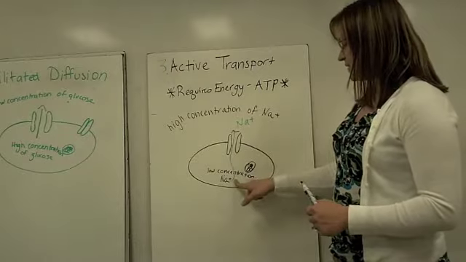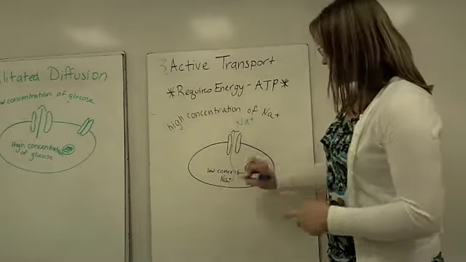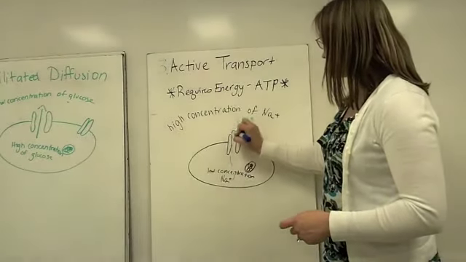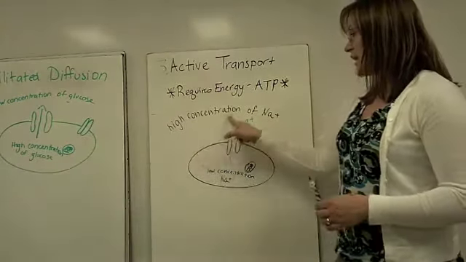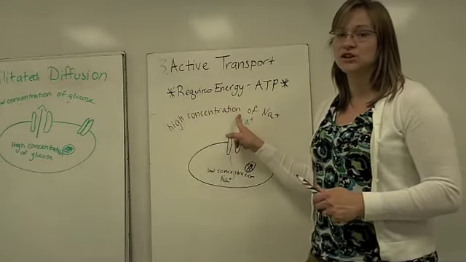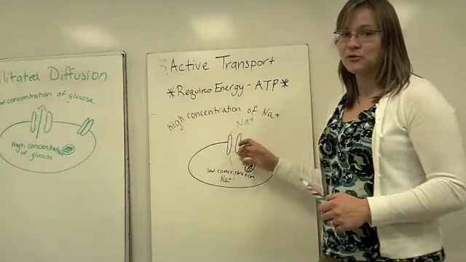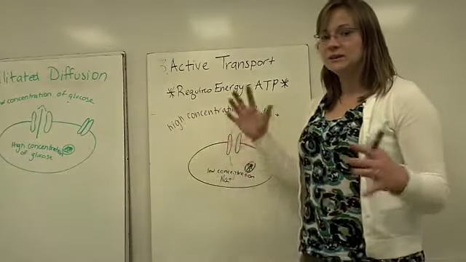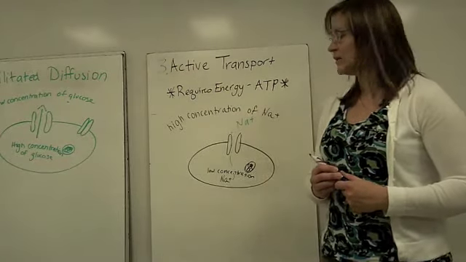For this example, in the cell we have a low concentration of sodium. The cell is going to pump that sodium, using energy, outside the cell where there's already a high concentration of sodium. So it's going to need to use a protein channel, and that protein channel is going to require energy to pump those things out against the concentration gradient.